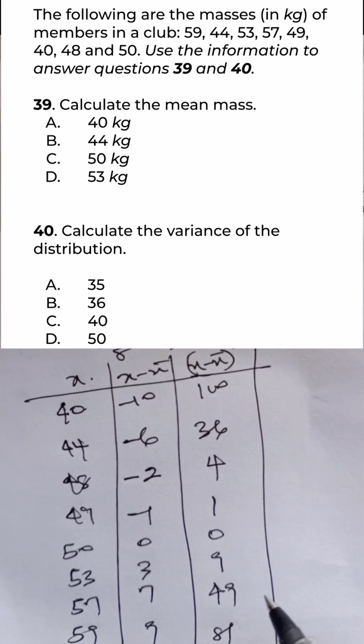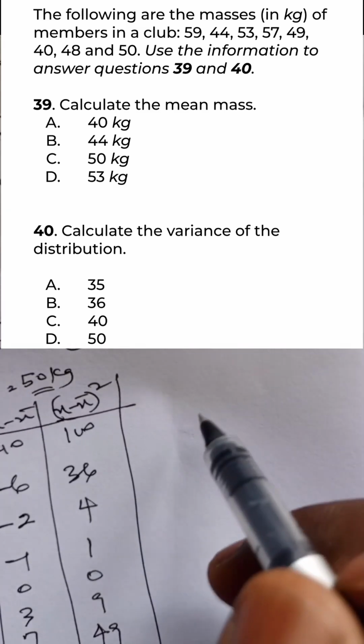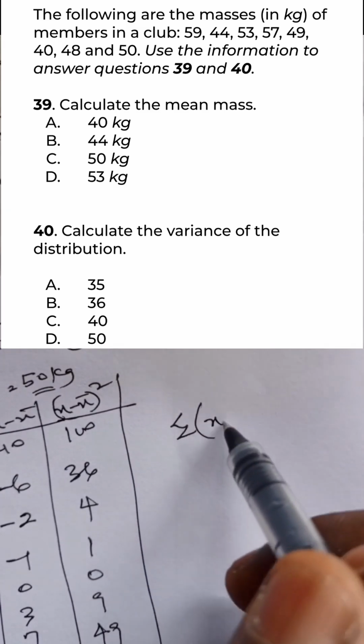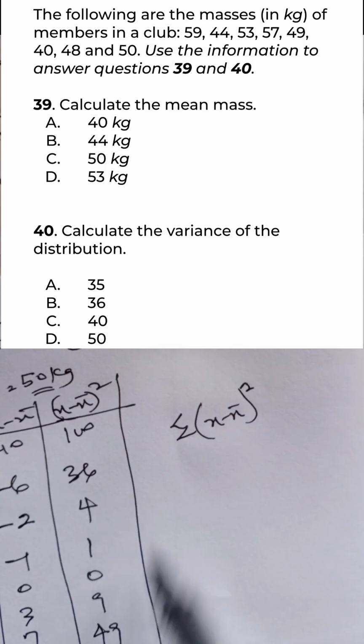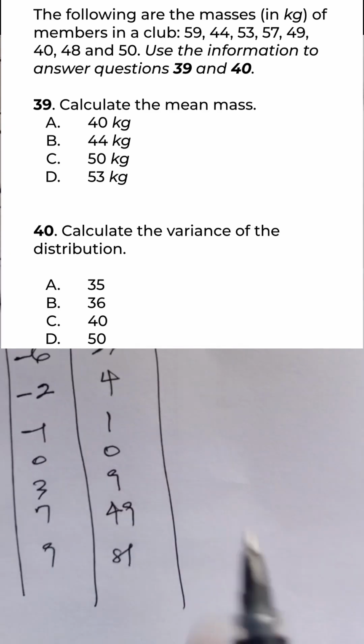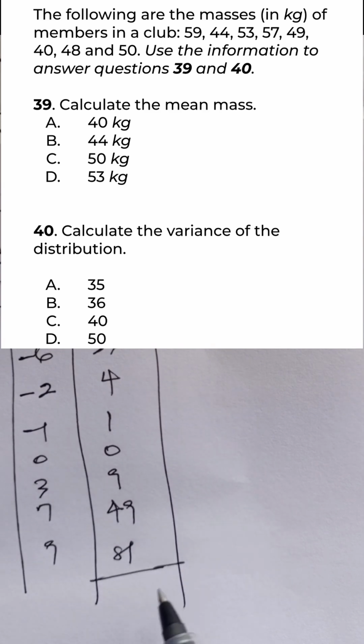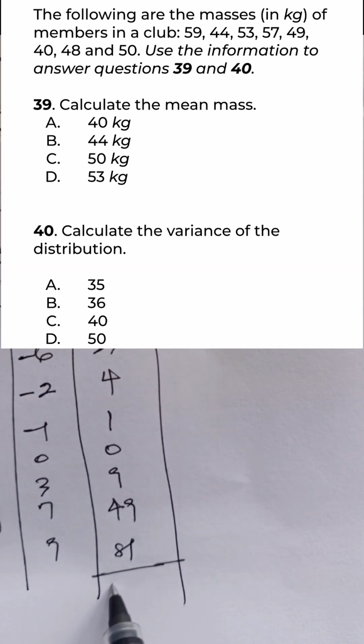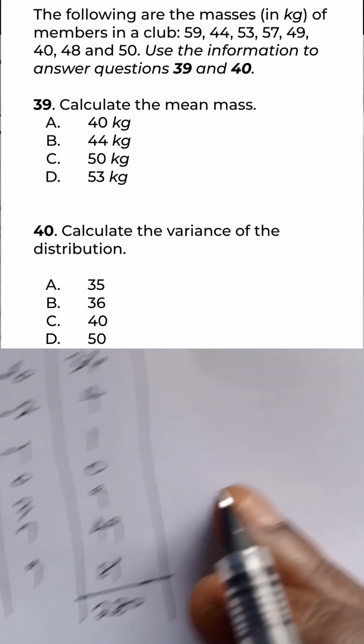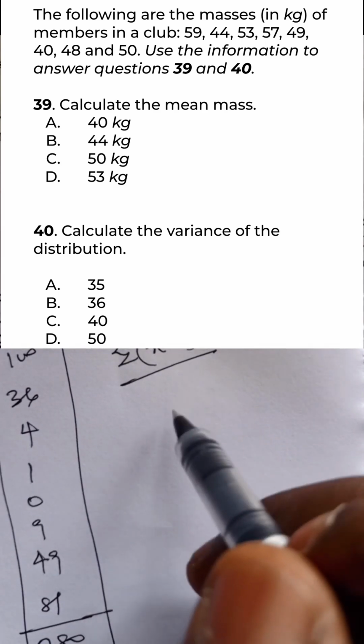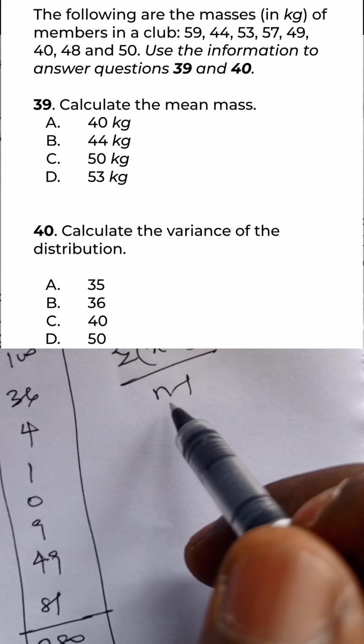To calculate the variance, the formula is the summation of x minus x bar squared, which we've just done here. So we need the summation of these, and when you add them together, you get 280, divided by n minus 1, where our n is 8.